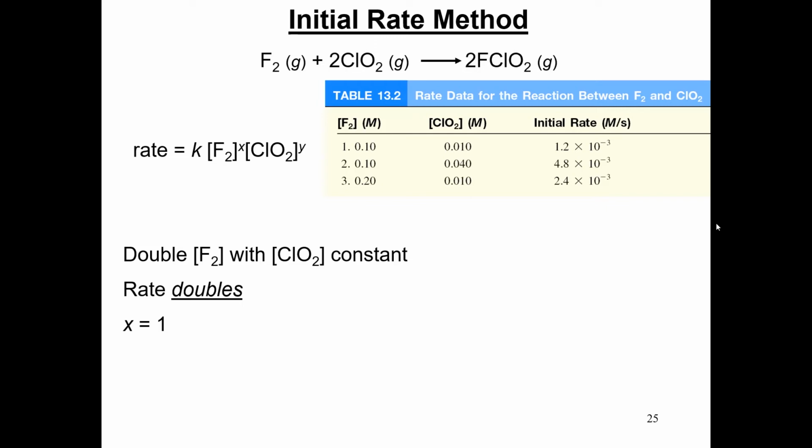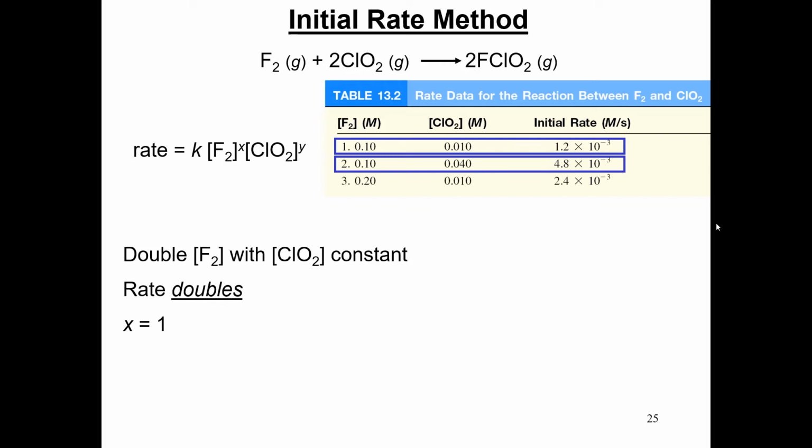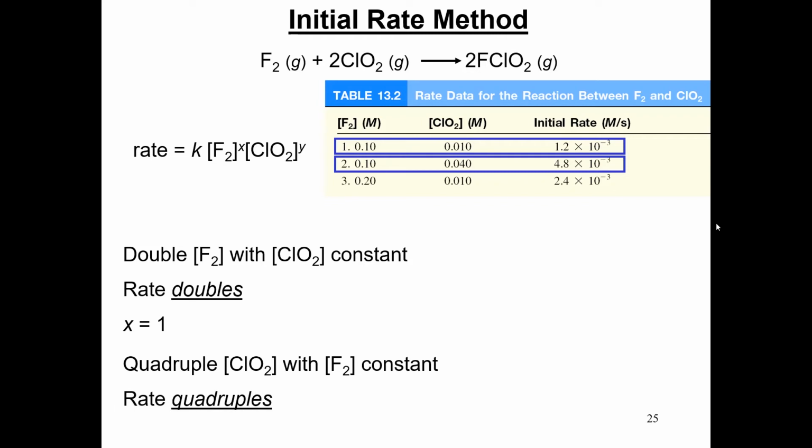And so you can shortcut your way to saying, yeah, x must equal 1. In the other case, let's say we compare reaction sets 1 and 2. You can see here that if you quadruple the chlorine dioxide concentration while maintaining the fluorine concentration constant, the initial rate also quadruples, which means that here also the exponent y must be equal to 1.